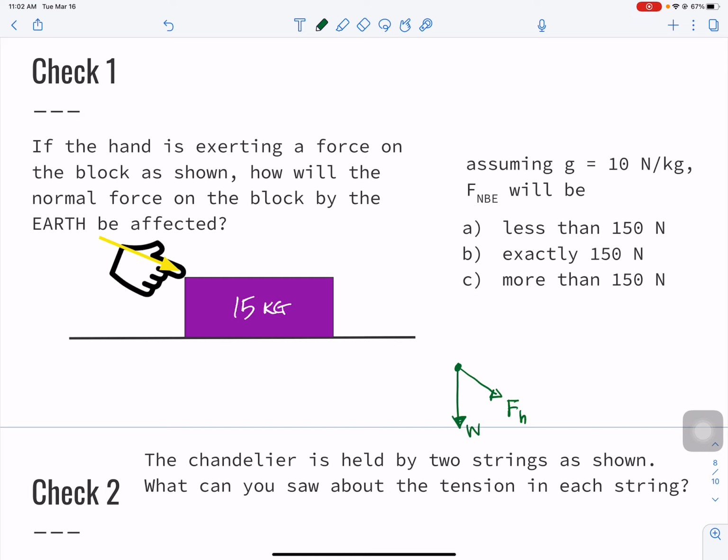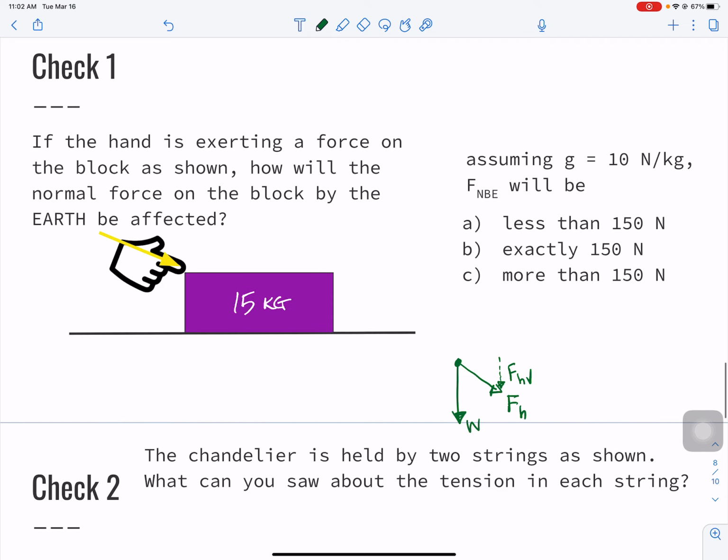So that has a vertical component, and the normal force has to counteract both the vertical component and the weight. And so the normal force is actually equal to weight plus force of the hand in the vertical direction. And so therefore the normal force is going to be more than 150.